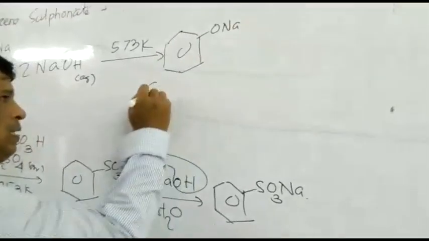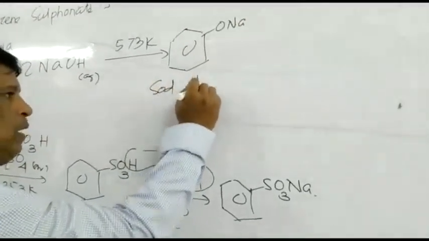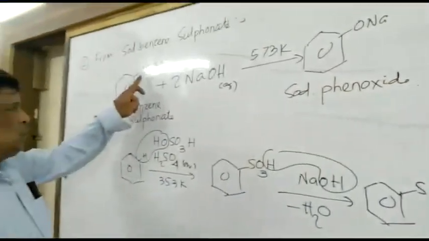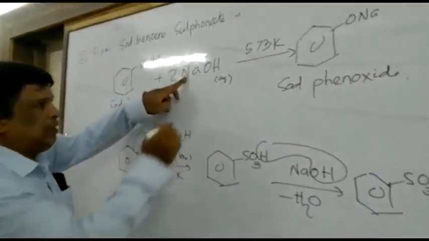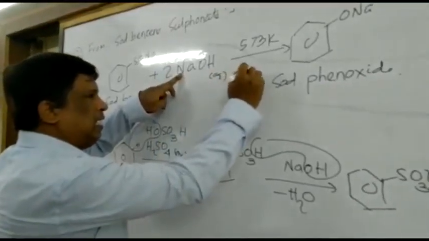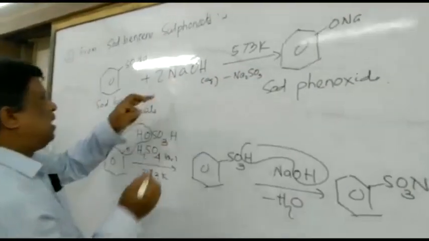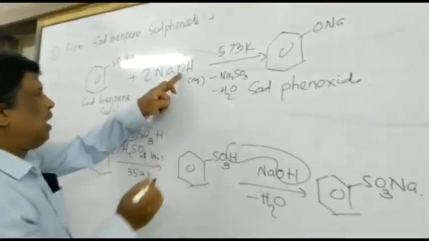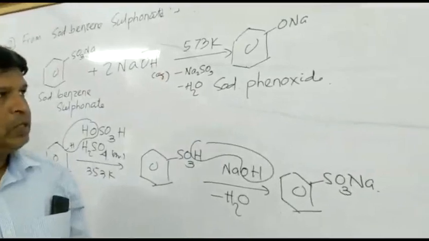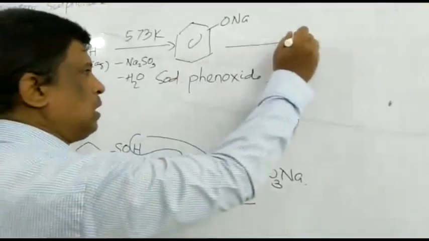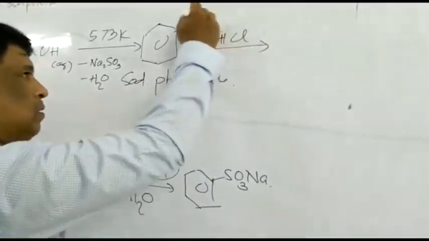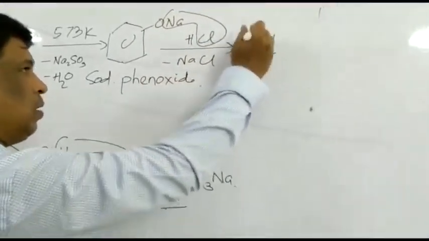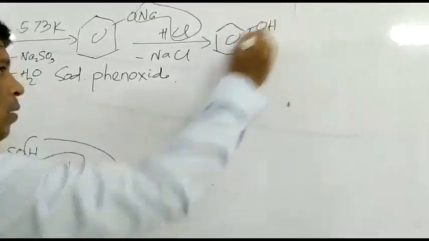This is sodium phenoxide. Mark that SO3Na, 1 Na, that is minus Na2SO3, then 2H, O, H2O, ONa, that is sodium phenoxide. Sodium phenoxide followed by acidification, then the release of NaCl, results in the formation of phenol.